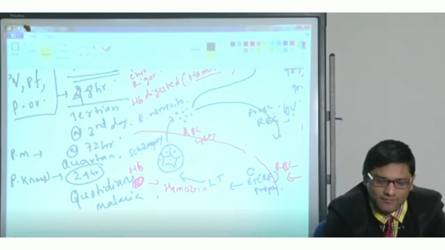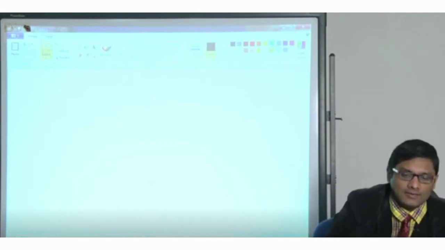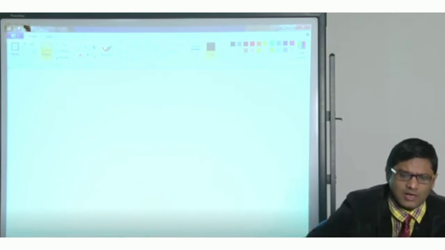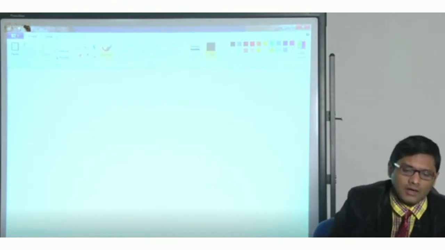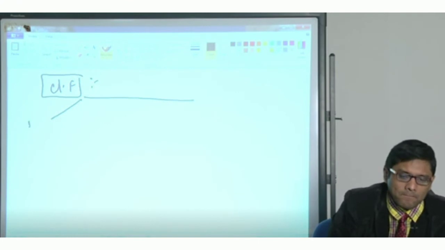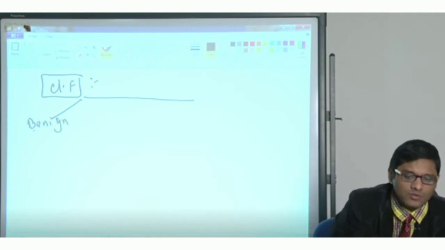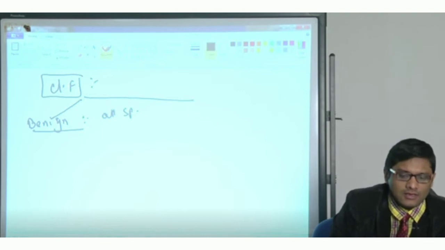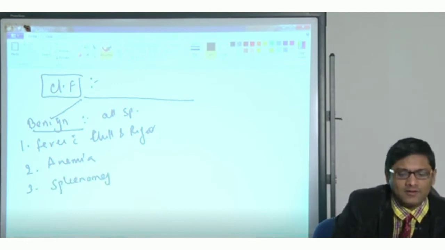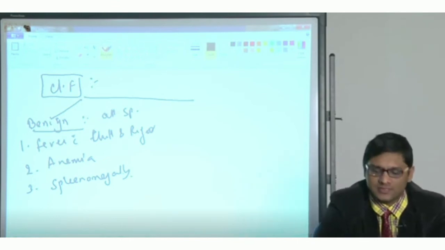Whatever I have discussed is about the life cycle of the malaria parasite. The benign manifestations, common to all species, are fever with chill and rigor, anemia due to burst of RBCs, and splenomegaly, because the spleen is the site where they try to engulf the parasitized RBCs and destroy them.